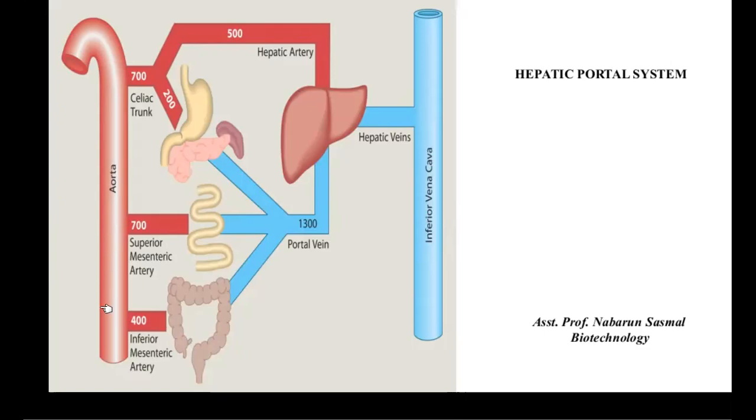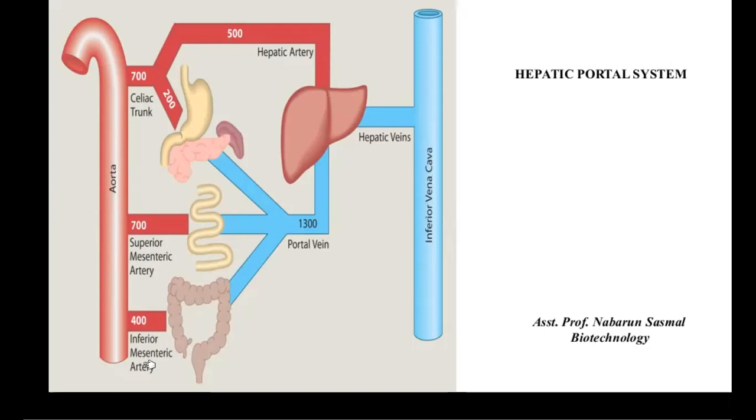And we said in a previous lecture that the descending abdominal aorta has paired branches and unpaired branches, and then the terminal branches. So under the unpaired branches, we said it has a celiac trunk, the superior mesenteric artery, and the inferior mesenteric artery.